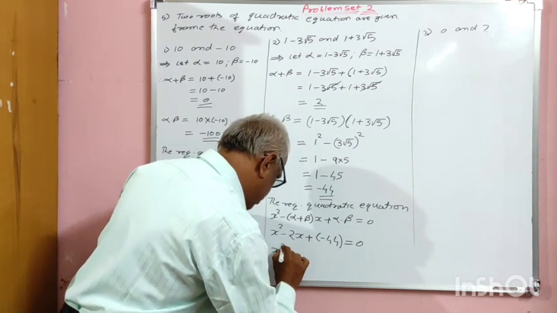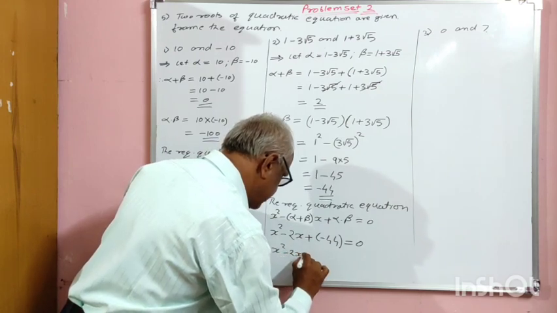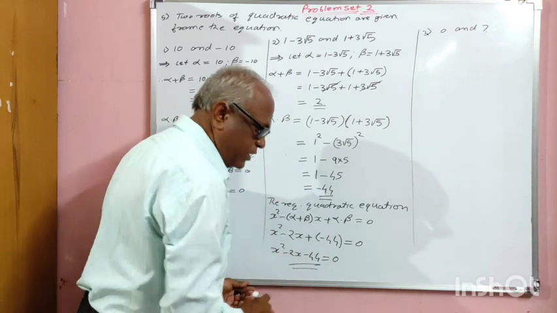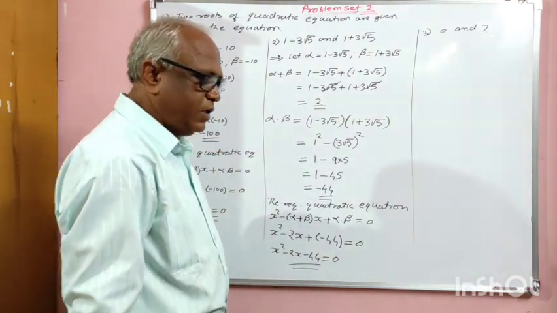That is x square minus 2x minus 44 is equal to 0. This is the required quadratic equation.